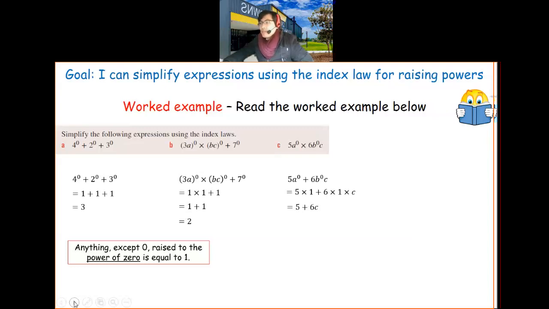So we have 5 plus 6c. We're just going to leave it like this because we can't combine them any further. They're not like terms. All right, so I hope that makes sense there. If you guys have any questions for this, just put them in the chat, okay? Otherwise, I'll be moving on.